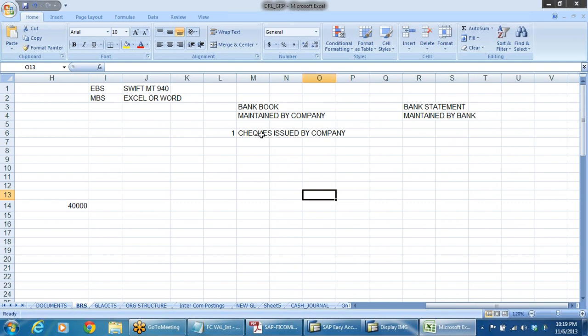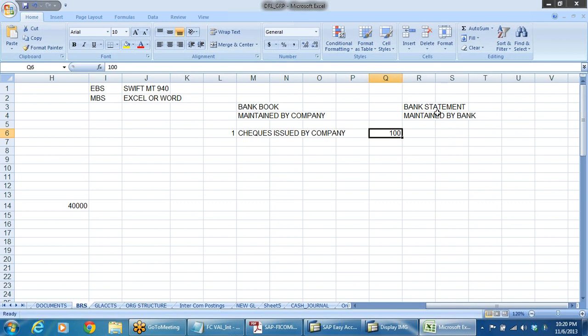Immediately the amount will come down from whatever balance you are holding. Now if you see the same entry in the bank, it takes minimum 10 to 15 days for the bank to record this transaction. If you are going to issue a 100 rupees check, now immediately I'll reduce 100 rupees from my bank balance.